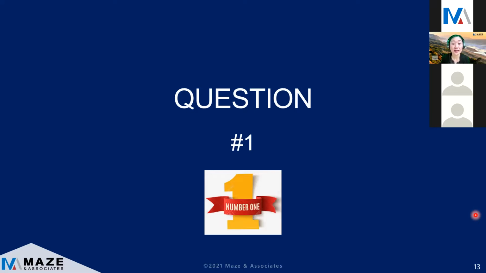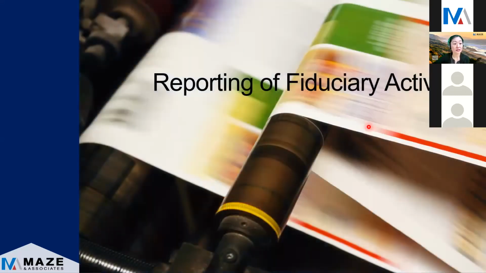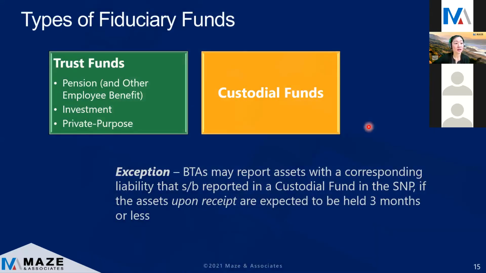Okay. All right. Now, after you've gone through that, how do you report those activities? Under GASB 84, there are two types of fiduciary funds.